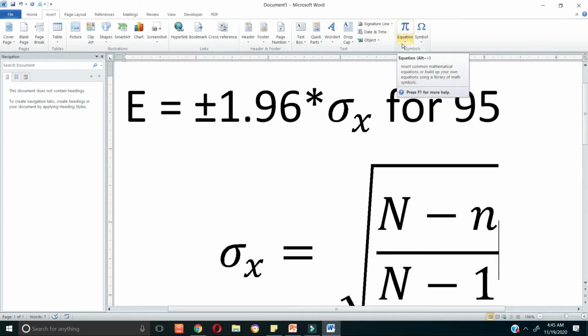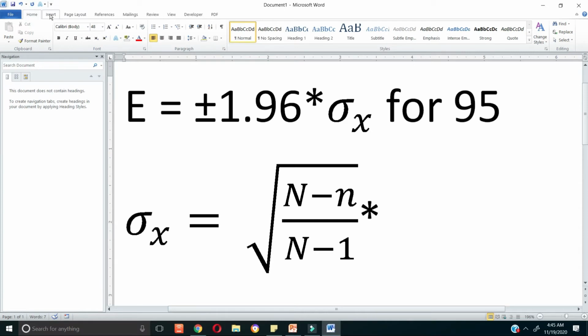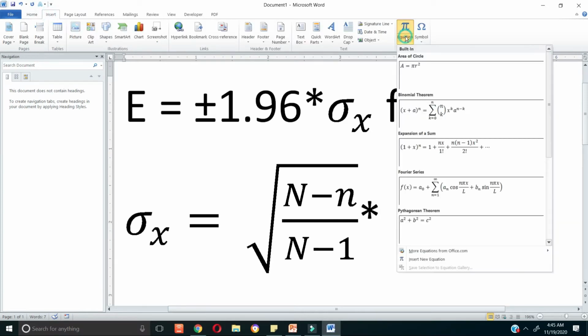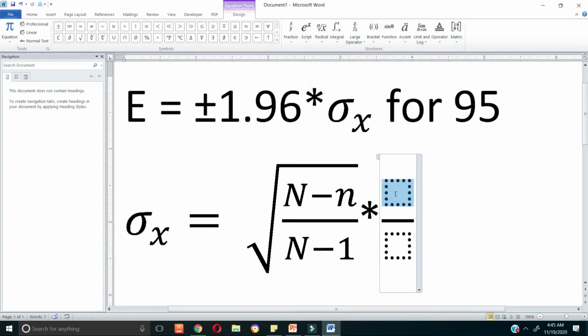You're going to have to multiply that with the other equation. The other equation involves the population standard deviation.